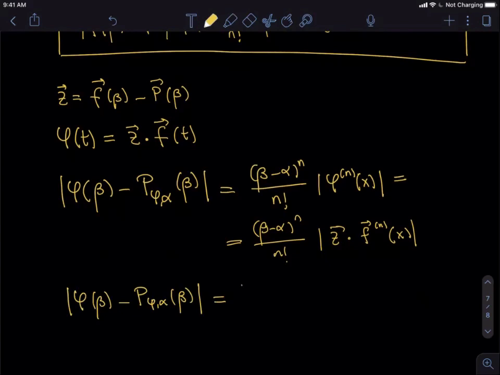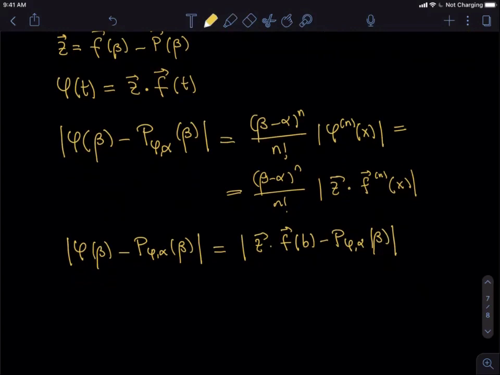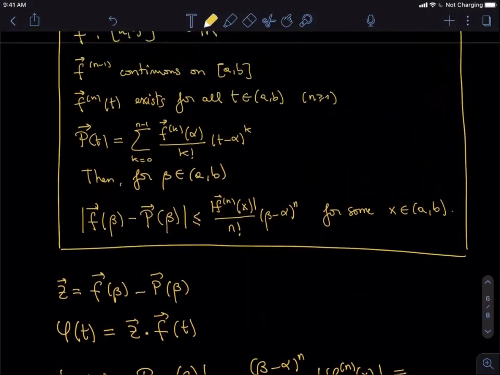So this is z times f of b minus p of phi alpha beta in absolute value. So we need to figure out what is the expression for this p phi alpha beta.